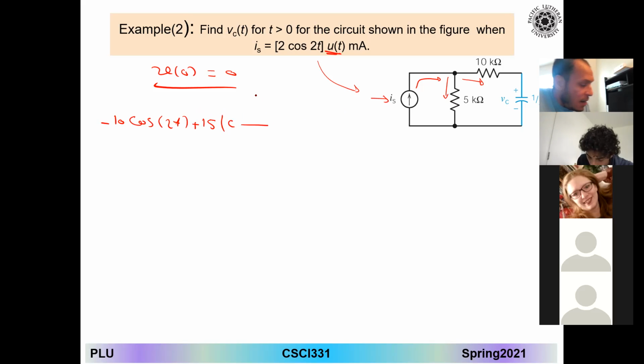So C dV by dt is the current across the capacitor. The 15 comes from the R. Okay. Plus VC of t.